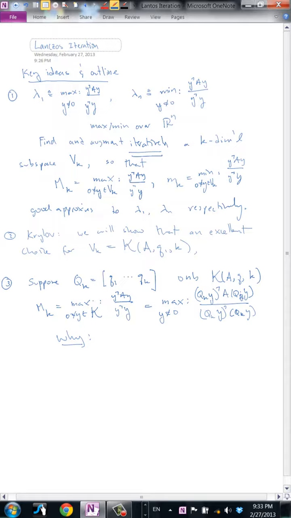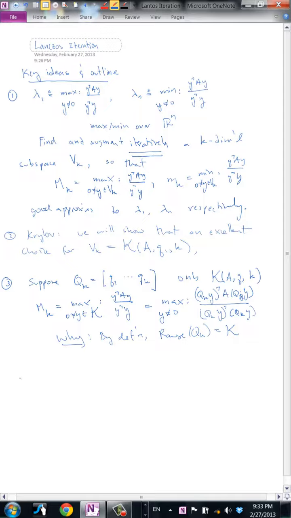This is true because by definition the range of Qk is equal to the Krylov subspace.